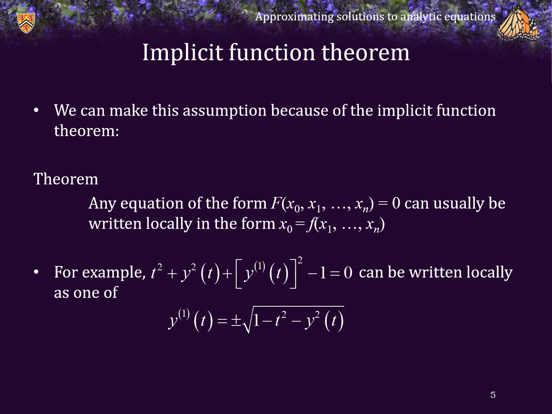For example, here we have a differential equation, t squared plus the function squared plus its derivative squared minus 1 is equal to 0. We can write that locally as the derivative is equal to plus or minus the square root of that expression. That should be reasonably obvious. That's just first year, or even high school algebra.